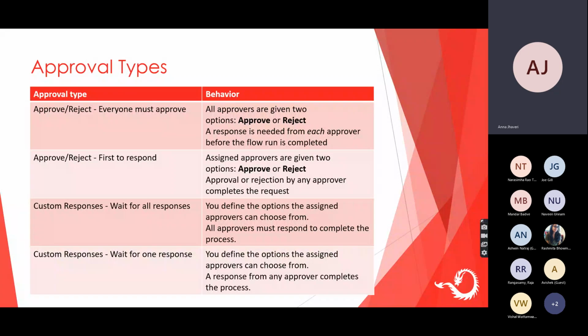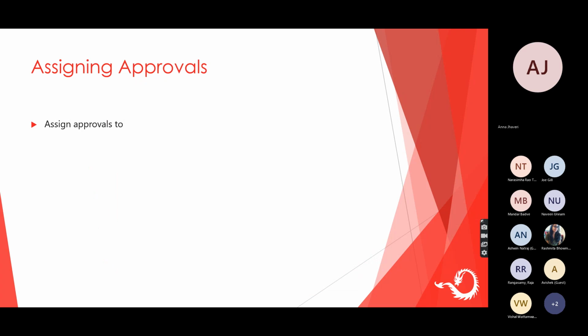And once any one of the approvers has provided the decision, the workflow will go ahead. Okay, so it is very important to understand these 4 approval types, because this is the base of your approval implementation. Not very complex, but there are a few nuances you have to take care of in understanding these approval types.